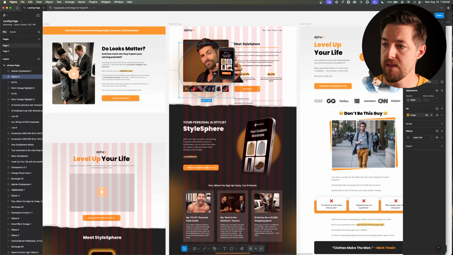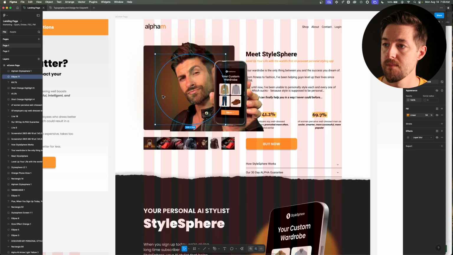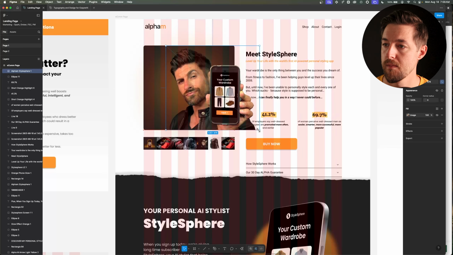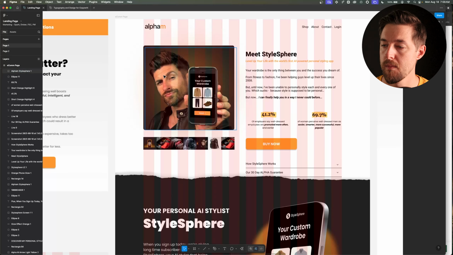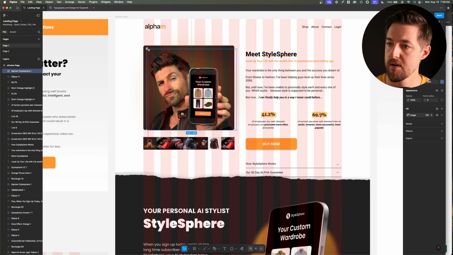I think I just want to make it smaller so it all fits within the confines of that black or dark gray background. All right, there we go. Maybe a little bit smaller. But you see what I'm going for here.